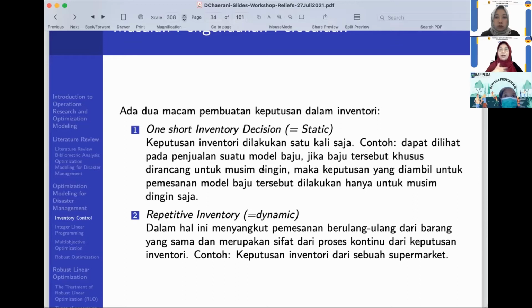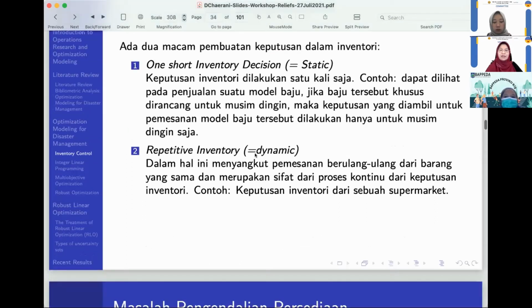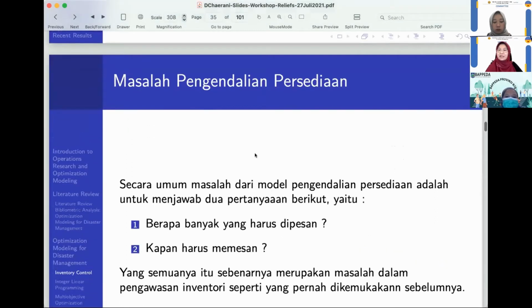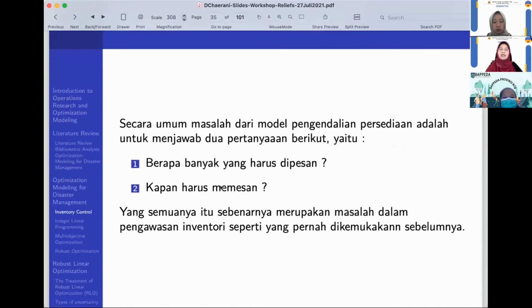Di rumah misalnya kita bisa mengamati, harus beli beras sebulan sekali atau 2 minggu sekali. Beli sayur harus tiap hari ke tukang sayur, ataukah lebih baik beli dalam jumlah banyak. Tapi kalau kita beli banyak, ada biaya yang harus kita keluarkan, terkait dengan pembelian, holding cost dan lain-lain.